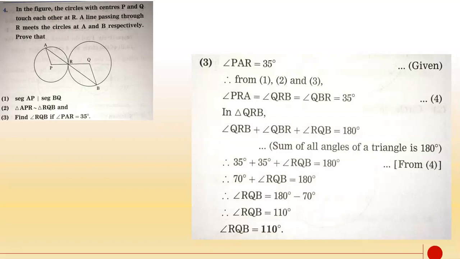From here I know the values of two angles, so let me substitute them. I get 35 degrees plus 35 degrees plus angle RQB is equal to 180 degrees. So by solving this, I get angle RQB as 110 degrees. So this solves the third part of question number 4.